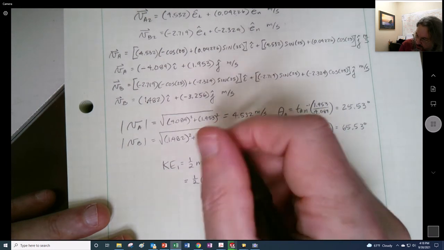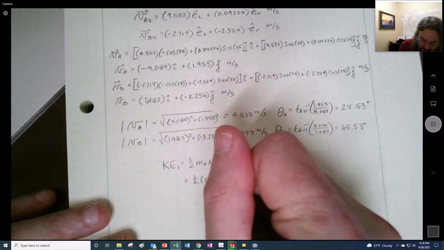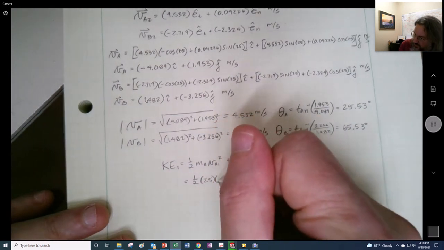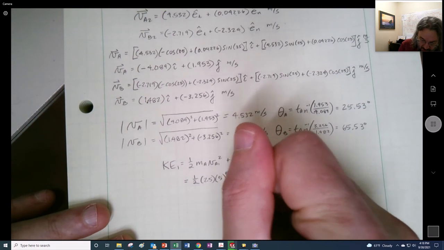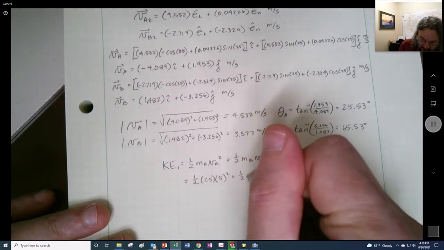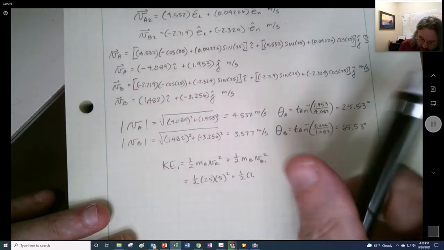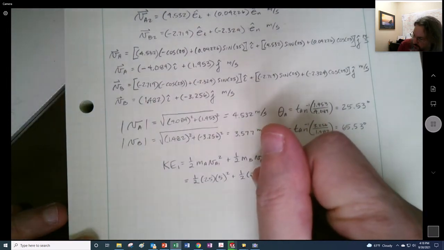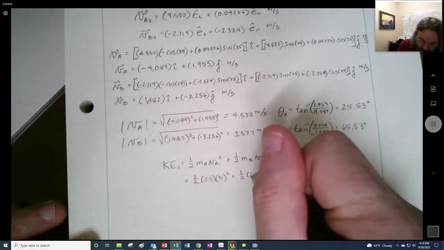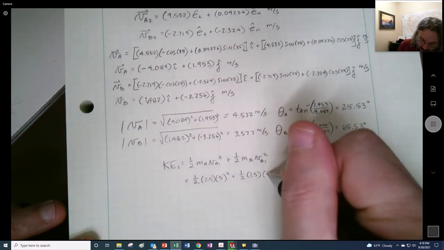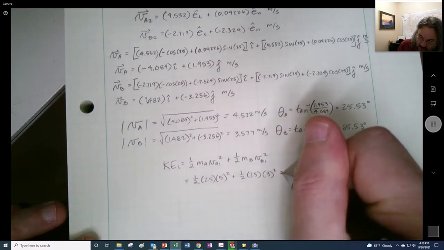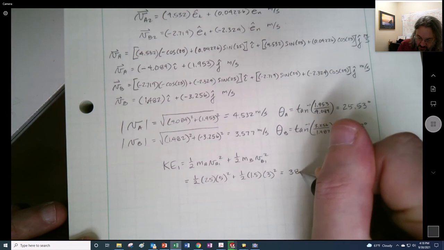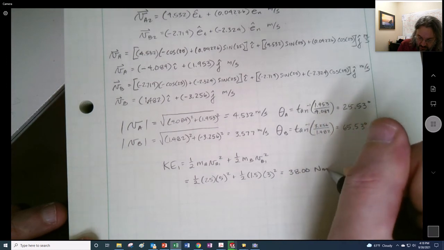So that's going to be 2.5 times our 5 squared plus 1/2, this one's 3, is it 3? No, that's 1.5. Yeah, 1.5 and 3. And I end up saying that that's going to be 38.0 Newton meters.